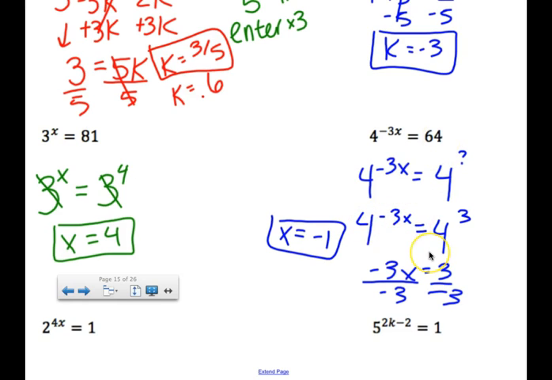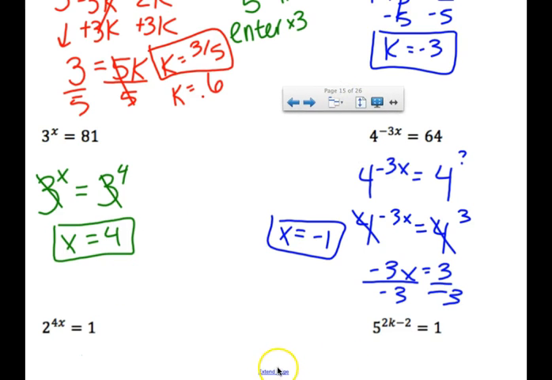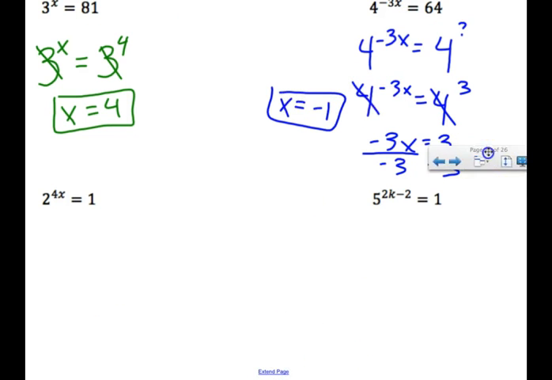So my bases were the same, so I can go ahead and set my exponents equal to each other, -3x equals 3, and you should have got -1. Okay, so I'm not going to show you how to type all these in the calculator again. If you are confused, raise your hand, let me know, and I'll come teach you. Otherwise, I assume that you are checking it in the calculator as we go.